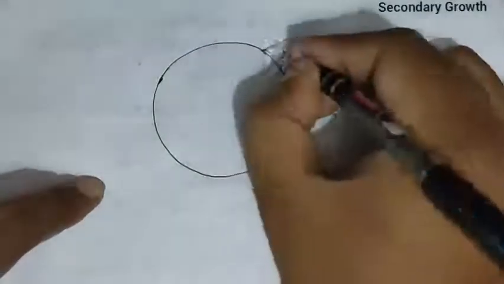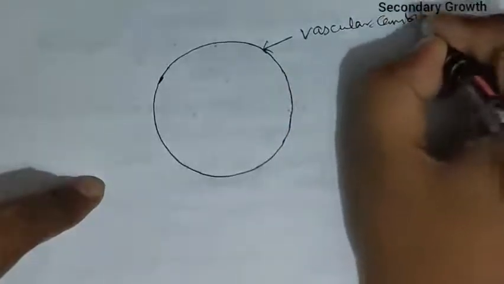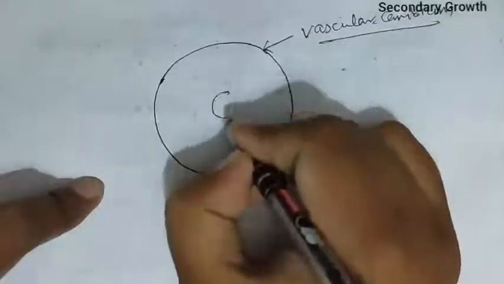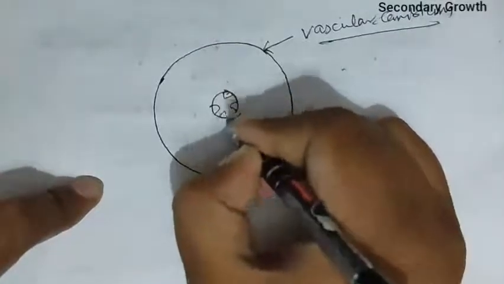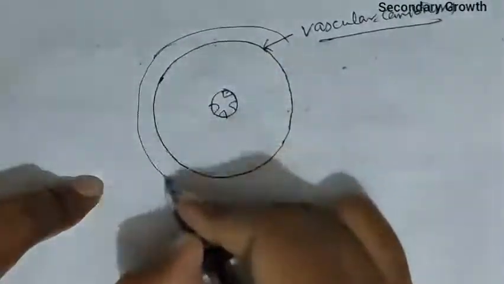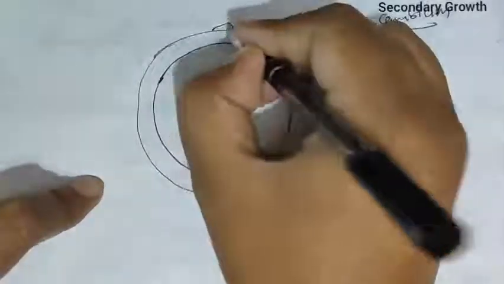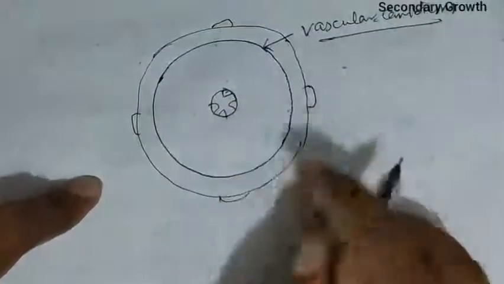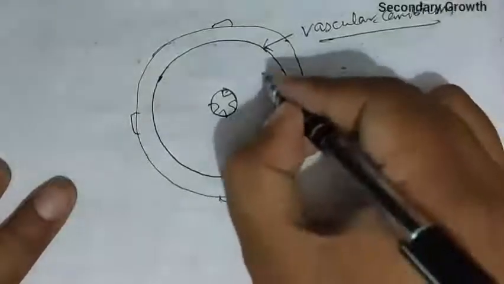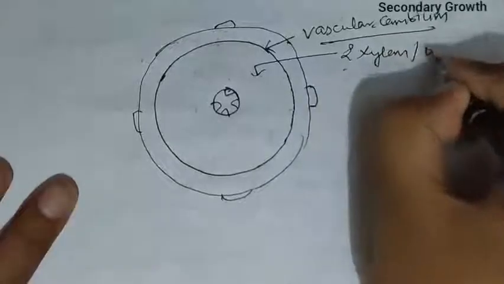So if we try to observe sapwood and heartwood diagrammatically, suppose this is the vascular cambium. Here you will find the primary xylem, and outside you will find the secondary phloem, and outer to the secondary phloem you will find the primary phloem somewhat. Now we are talking about the secondary xylem or wood.